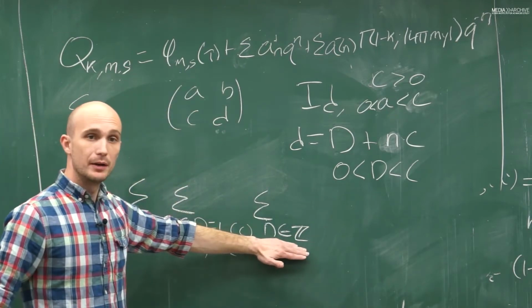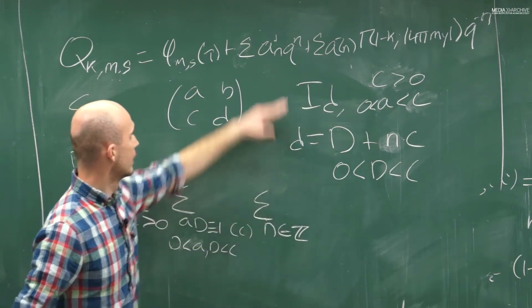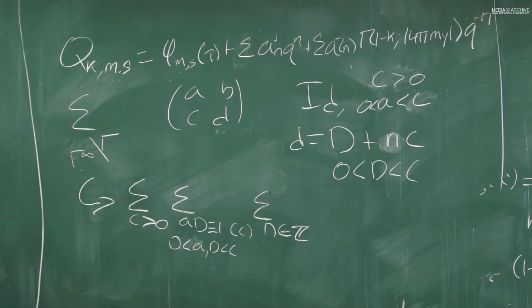Now using this part, I can do Poisson summation, and that will allow me to extract these Fourier coefficients.